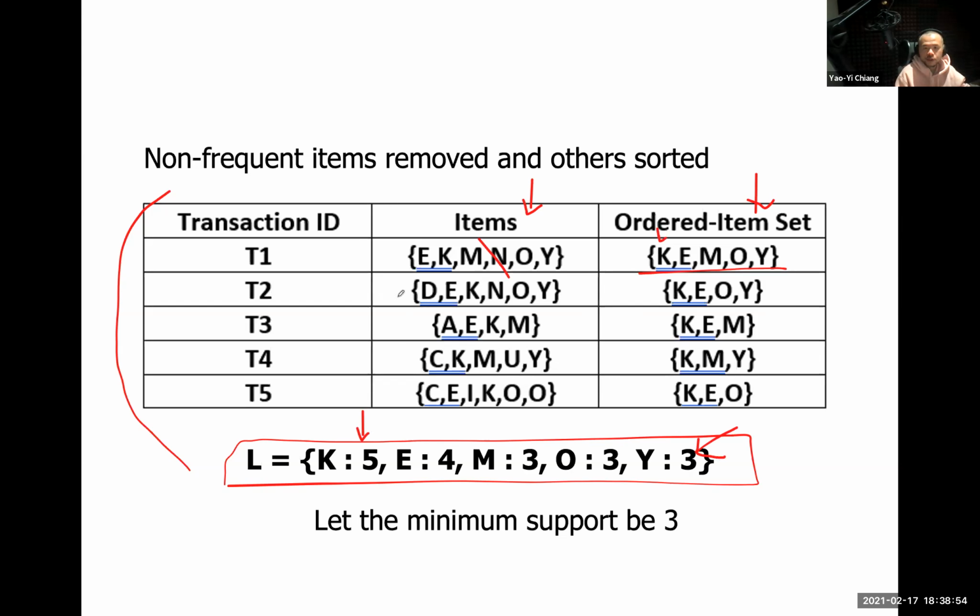If you look at your T2, DEKNOY, first you remove the infrequent ones, and again you have EKOY. Based on the support, K has 5, so first put K here. Then E is 4, put E here, and then you have O and Y. If there is a tie, you break the tie in an arbitrary way, but it's deterministic.